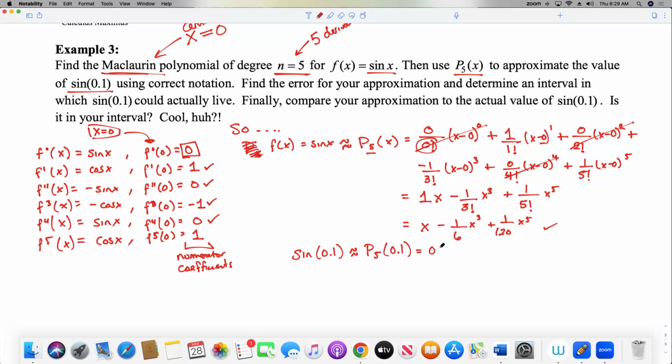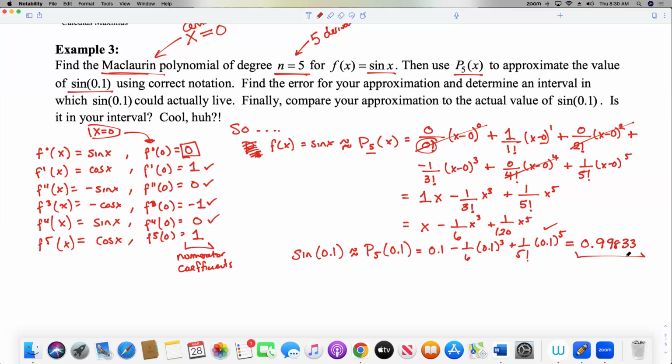So we can plug in 0.1 minus 1/6 0.1 cubed plus 1 over 5 factorial, 0.1 to the 5th. You plug this into the calculator and you should get a value of 0.99833. So that is our approximation.